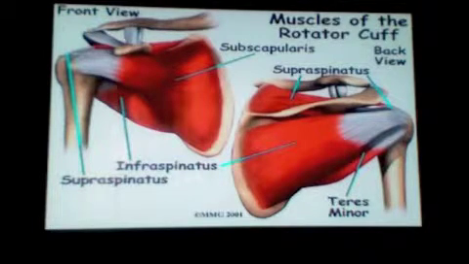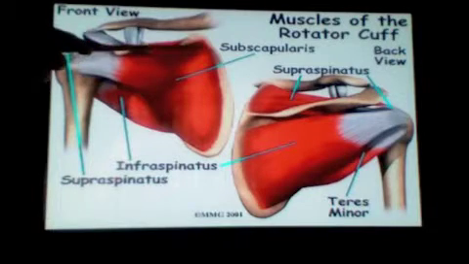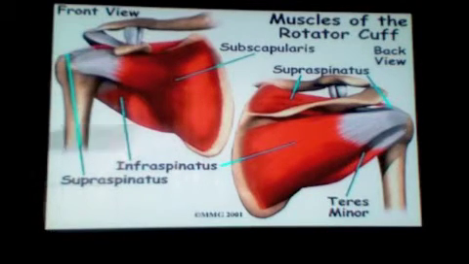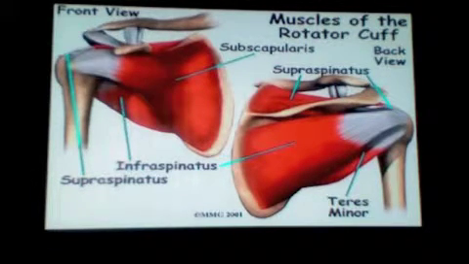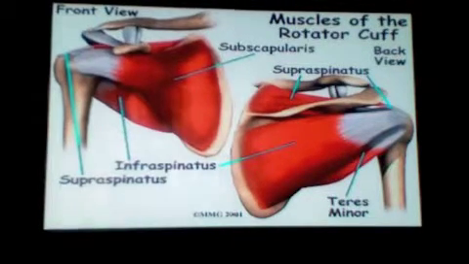One of the muscles that makes up the rotator cuff is the subscapularis. The subscapularis originates on the subscapular fossa and inserts onto the lesser tubercle of the humerus. The subscapularis medially rotates the humerus and stabilizes the shoulder.